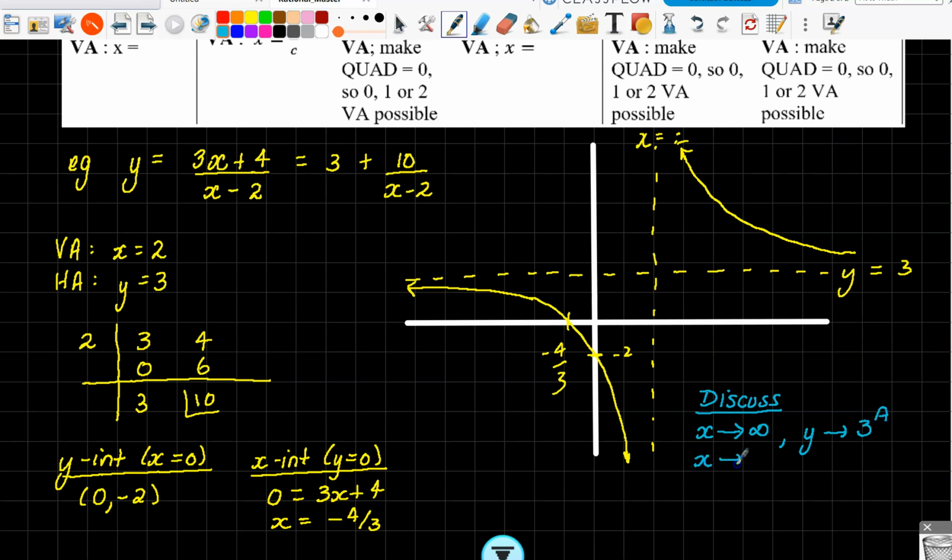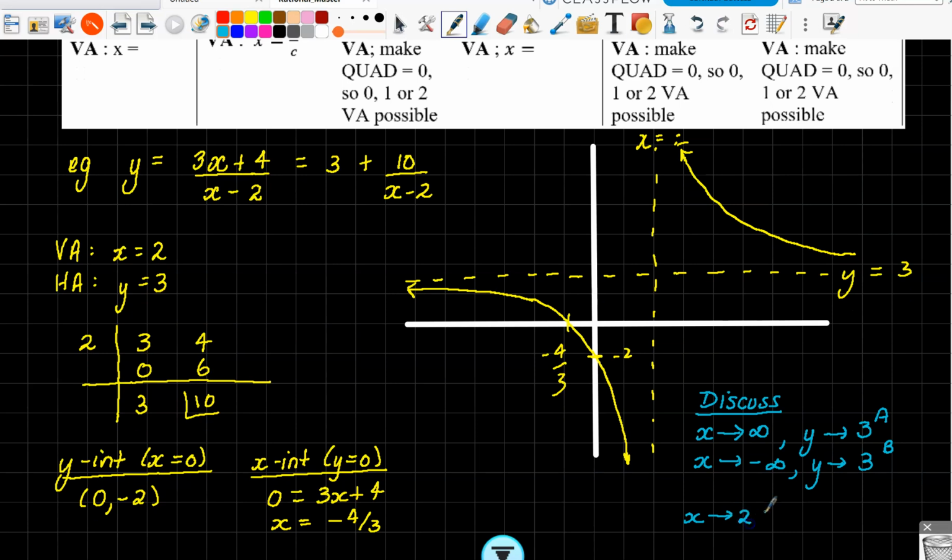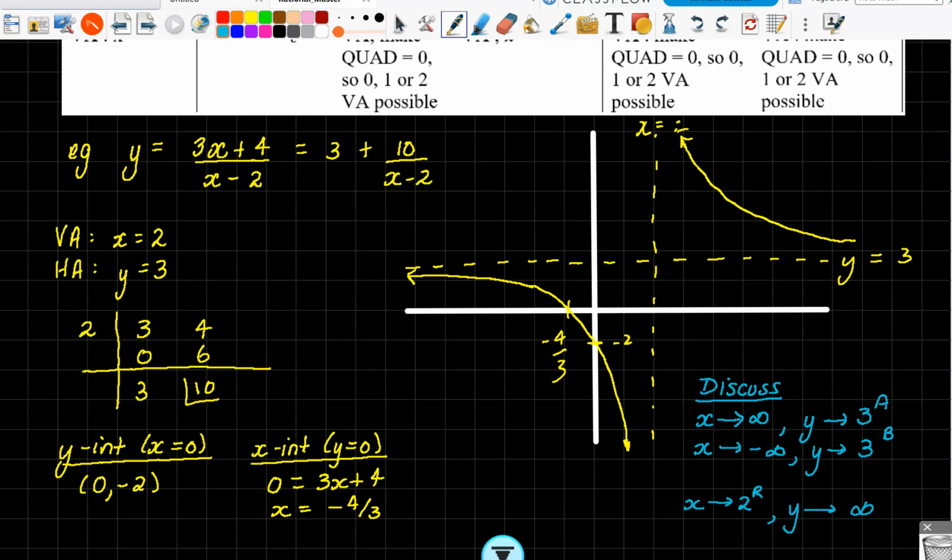As x is approaching negative infinity, so as x is going out this way, the graph is approaching 3 from below, or you could put negative. As x is approaching this value here, which is 2, from the right, then y is approaching infinity.